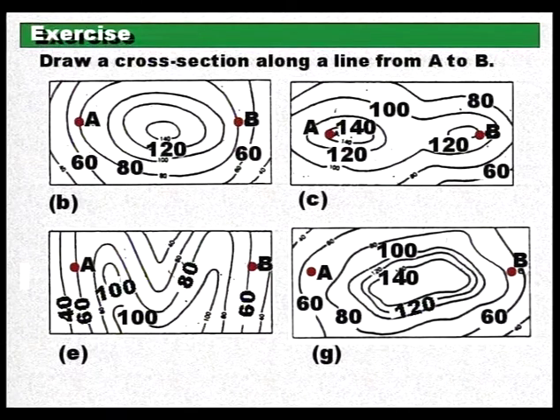The 4 activities that you will use for the construction of the cross section will be contour map B, contour map C, contour map E, and contour map G. Those are the 4 that I would like you to practice, and I'd like you to do the construction in your exercise book. I will also check on the other cross section, which is for X to Y, later on.